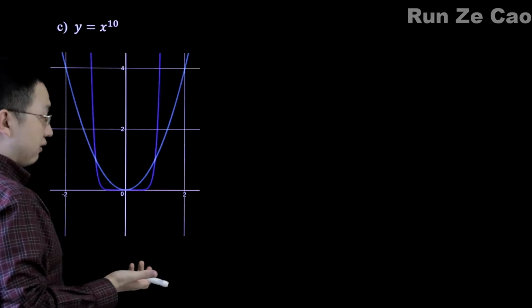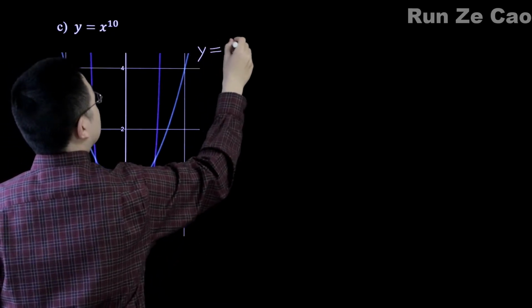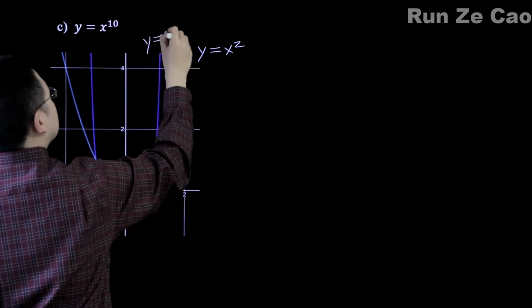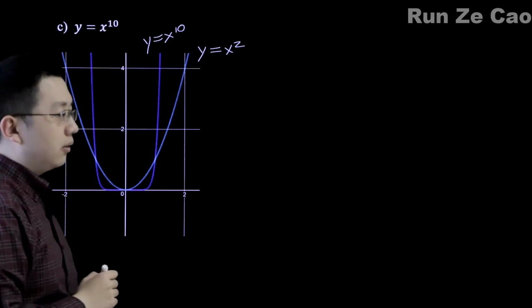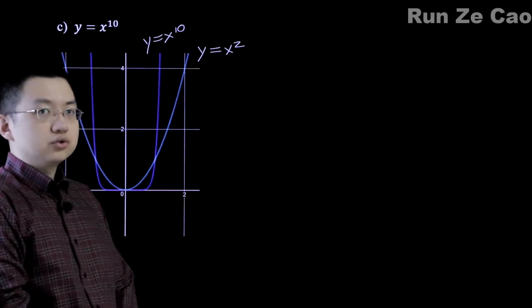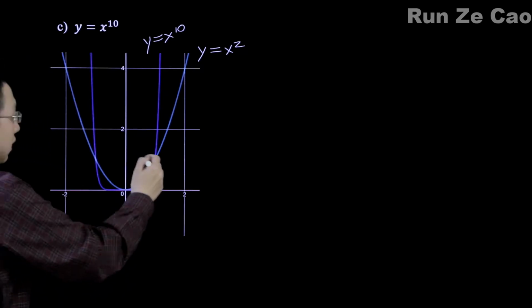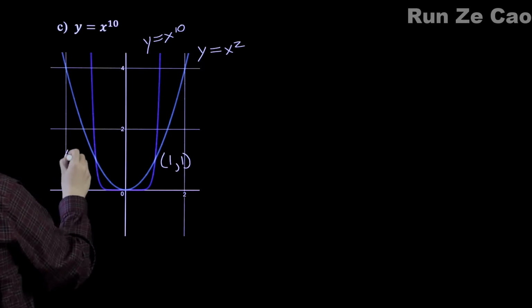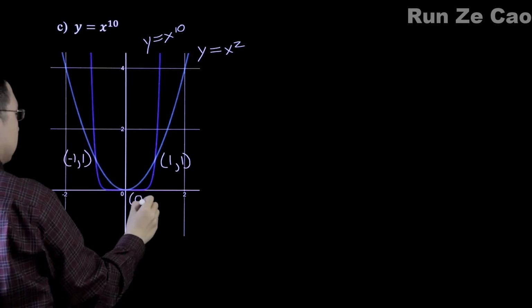What power of 2 gives us 4? Yeah, I don't think this is much of a surprise. So this here is y equals x to the 10th. It is a good habit to always label all the lines that you draw on your diagrams. So we notice that this also still passes through (1, 1), (negative 1, 1), and of course (0, 0).